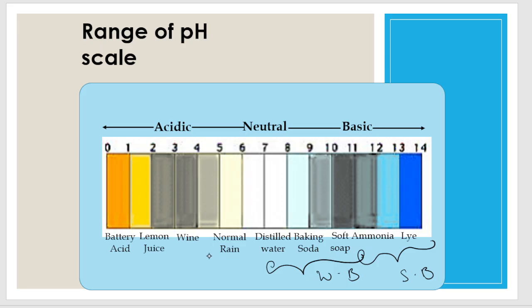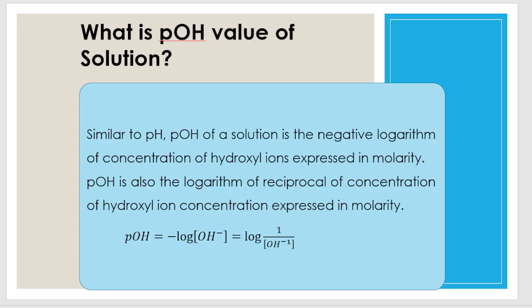Similarly, if the pH is around 4 to 7, we can say it is a weak acid. And from 0 to 4, the strong acids have pH values in between 0 to 4. Important. Now, let us see what exactly the pOH is. Just like pH, the pOH is nothing but the negative logarithm of OH minus concentration.